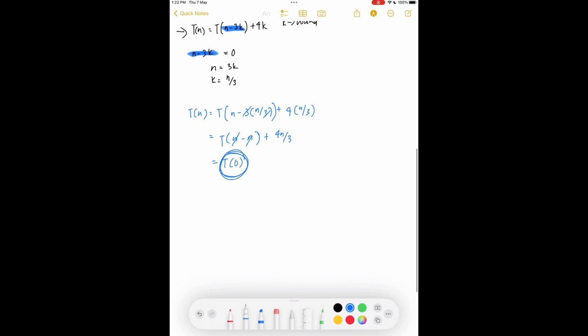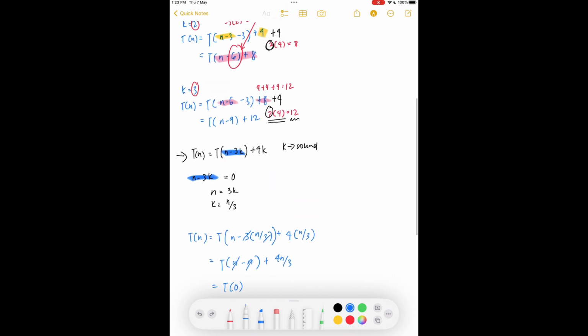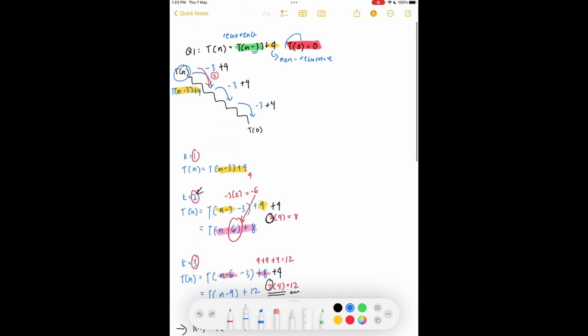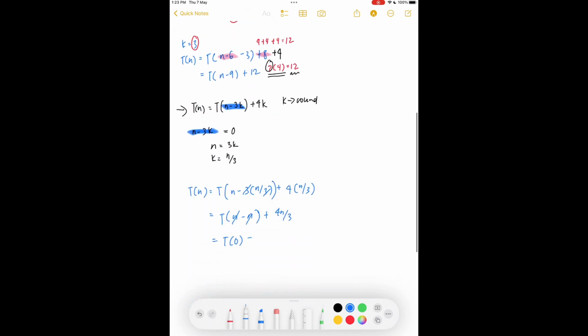This is the base case already. This is why I had to calculate k, because I want this part to become 0. I want to know how many rounds I need in order to reach our base case, which is T0. Okay, now we have 4n over 3.